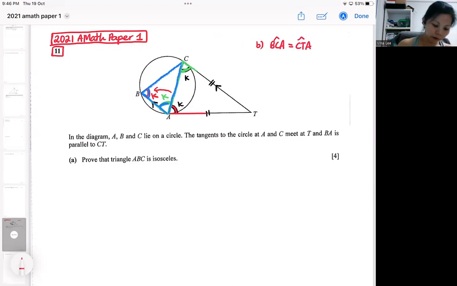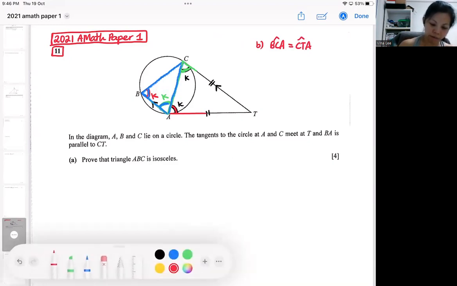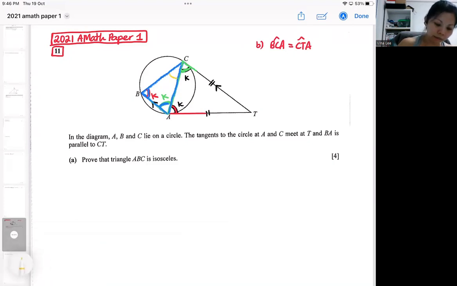So you keep the algebra first. We try to locate which are the two angles here. So BCA is this angle. CTA is actually this angle. So you can follow up with whatever you have written in part A. Because in part A, you already set up the algebra.